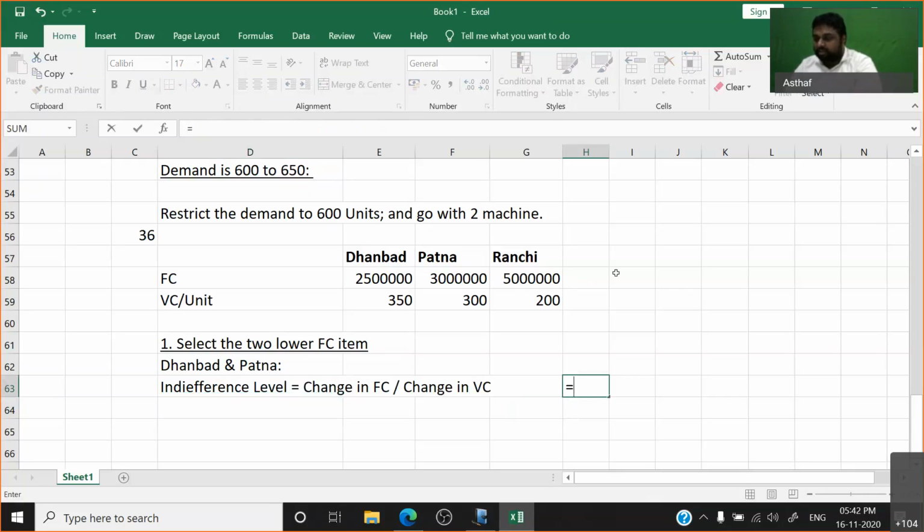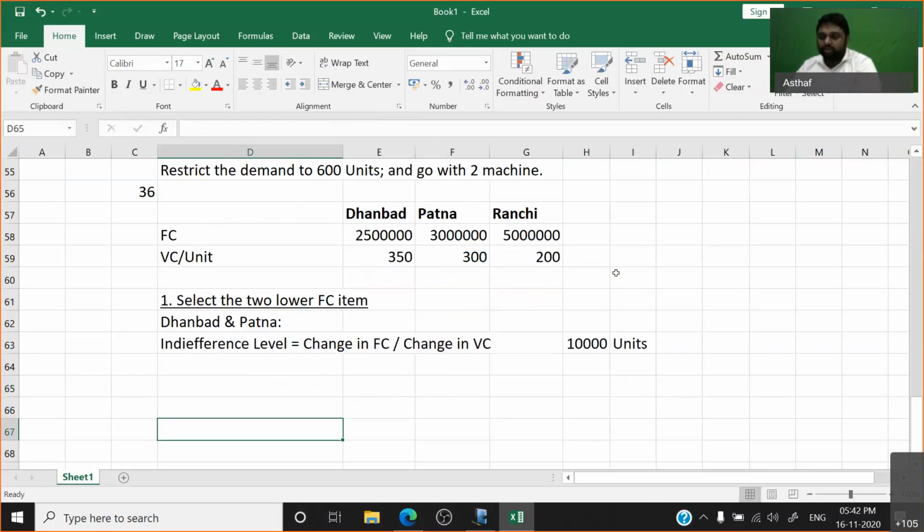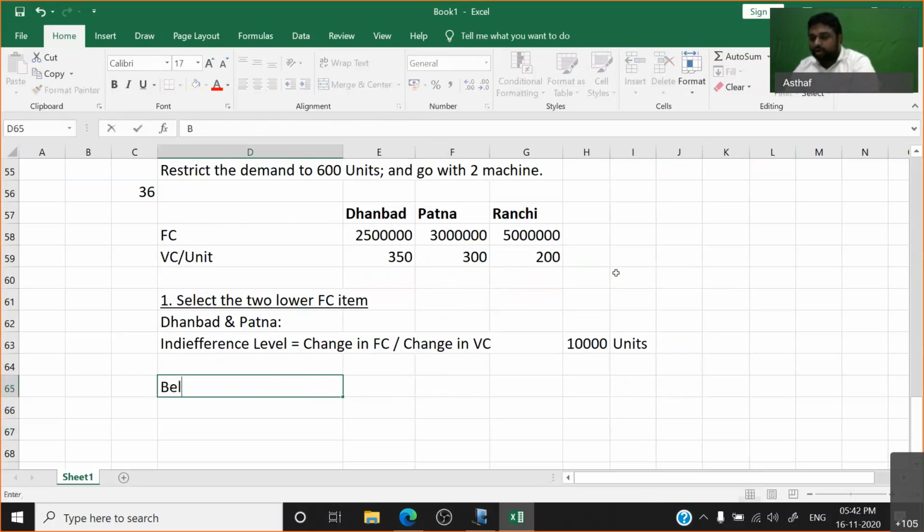Look here. 30 lakh minus 25 lakh, divided by the change in variable cost, which is 350 minus 300. You will get an answer of 10,000 units. So you can write: below 10,000 units.